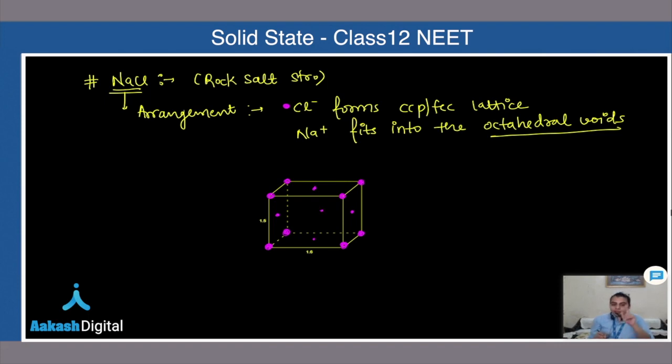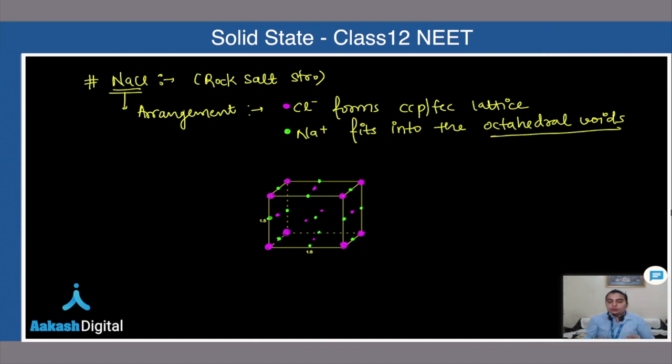Next thing, my cations, that is Na positive, if I mark them with green color, they are present at all the octahedral voids, means at edge centers and at my body center. So this is how the structure will look like for NaCl.